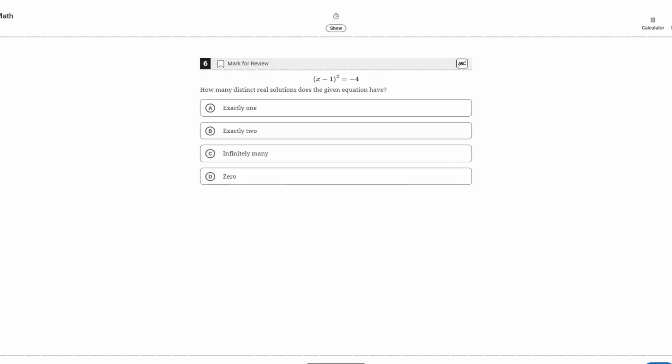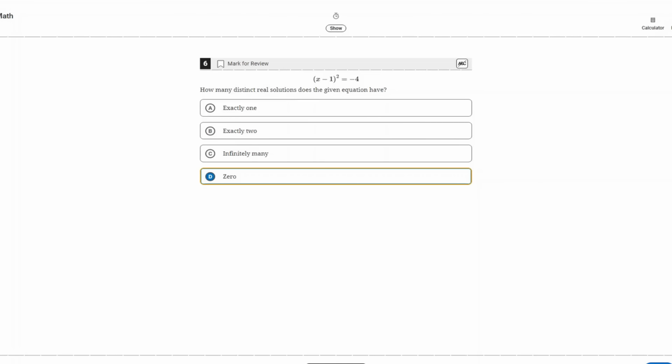All right, next. How many distinct real solutions does the given equation have? x minus 1 squared is negative 4. Okay, a complete square must be greater than or equal to 0. Hence, we have no solutions to this equation. Okay?